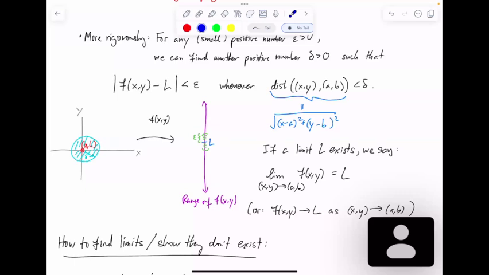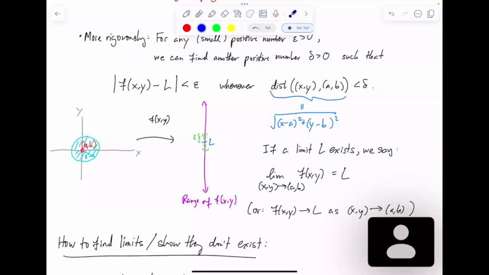If you look at this visual picture here, so long as I'm confined to within a distance, and remember, a distance is agnostic towards how you're arriving at this point (a, b), I could arrive along any arbitrary path, a spirally path, a straight line path, a diagonal path, whatever you want. So long as my path is within this turquoise ball, delta, my value should be arbitrarily close to the limit L, if a limit L exists.